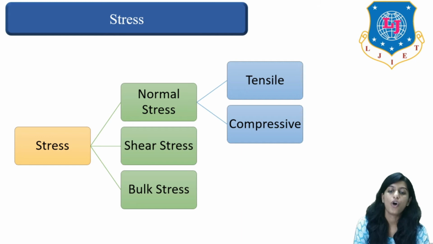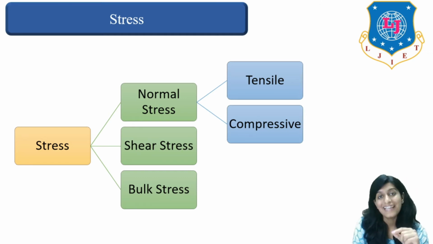When we talk about normal stress, we should understand that it is a stress applied normal to the body. If the deforming force is applied normal to the area, then it is termed normal stress.